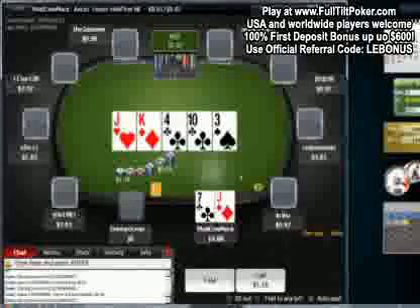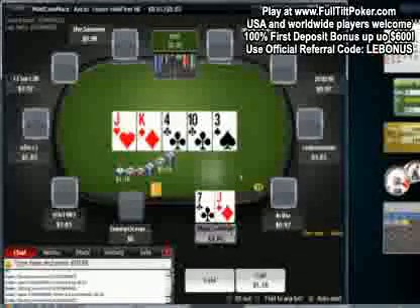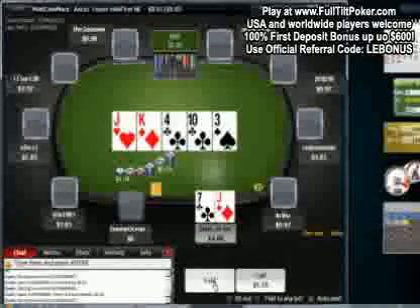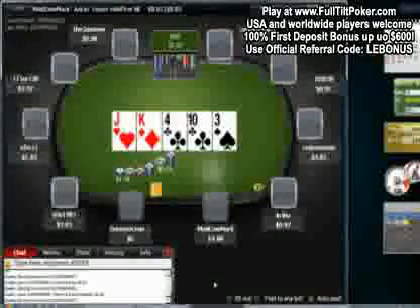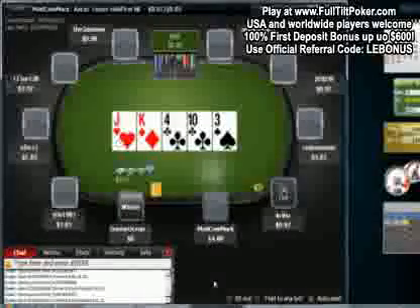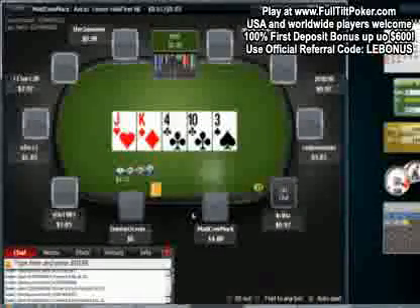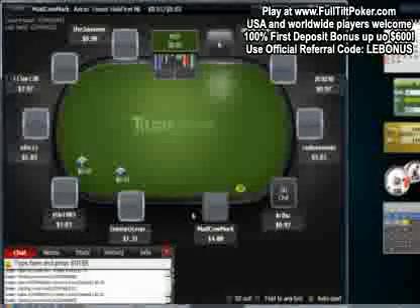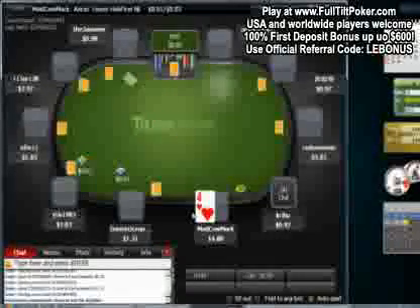Dear God. Well, I cannot imagine that my Jack is ahead, so I have to fold, but I'd love to know what the expected value on that shove is.